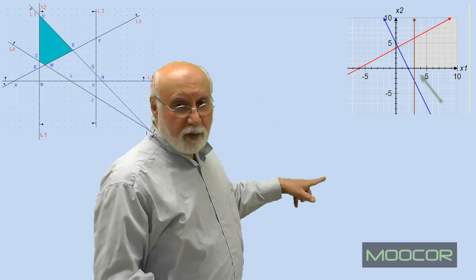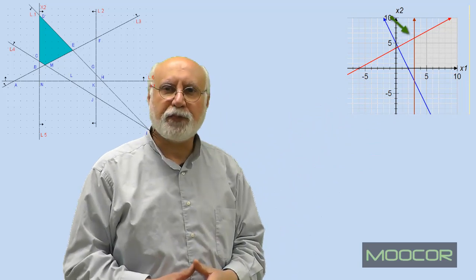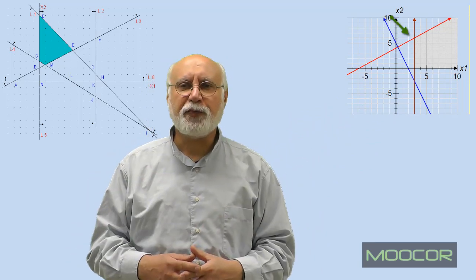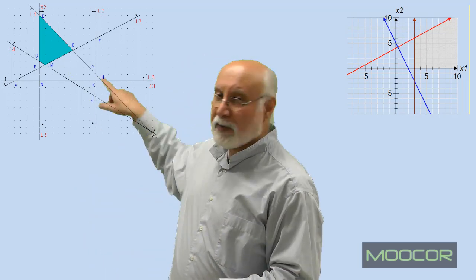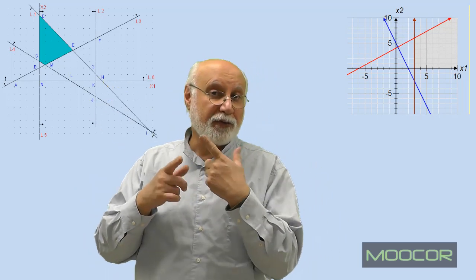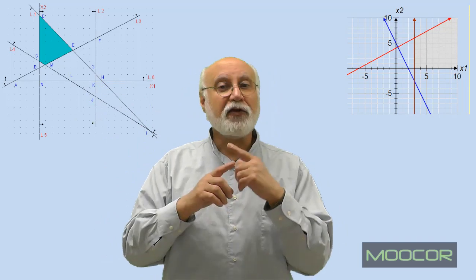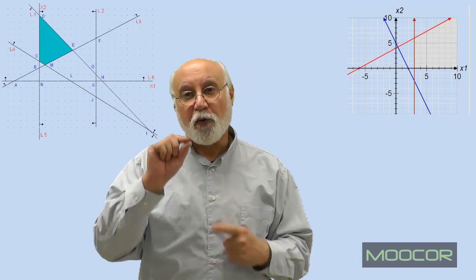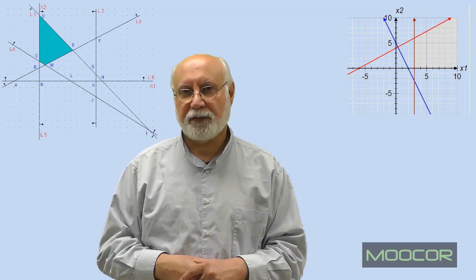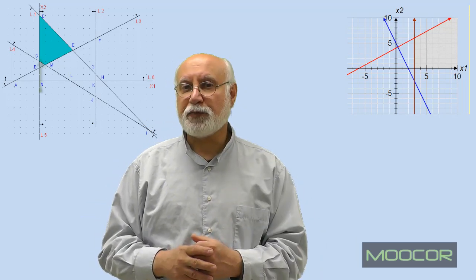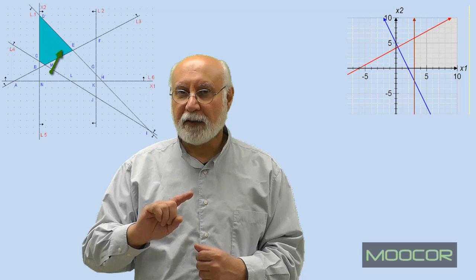In here, we will have some extreme points. How do we define extreme points? We are saying every two of these inequalities, every two of these lines that intersect, would create an extreme point. Some of the extreme points are feasible.